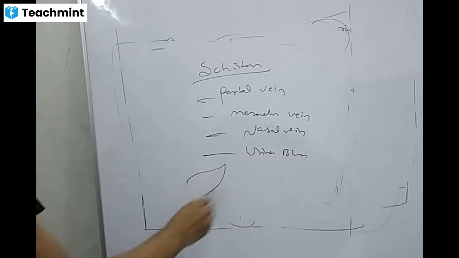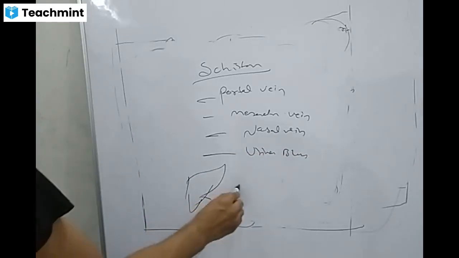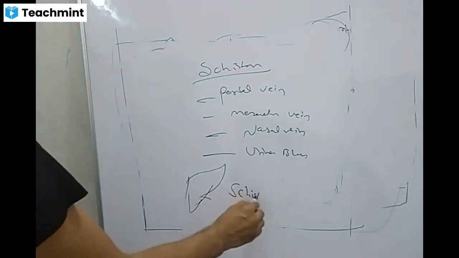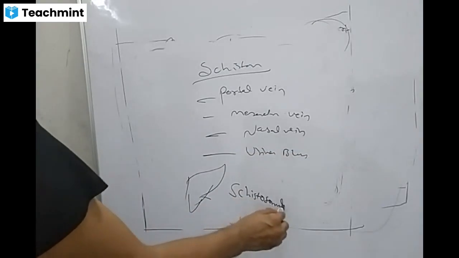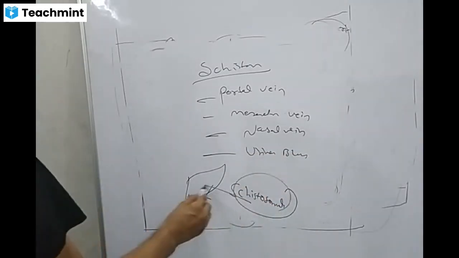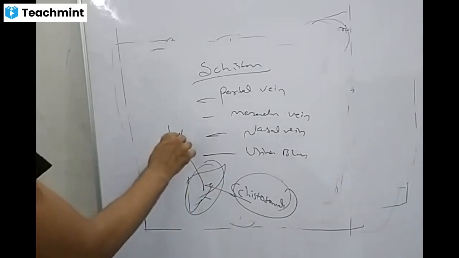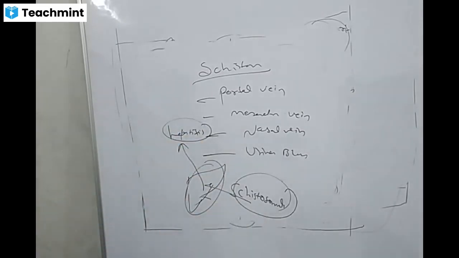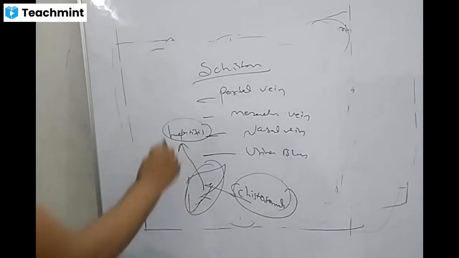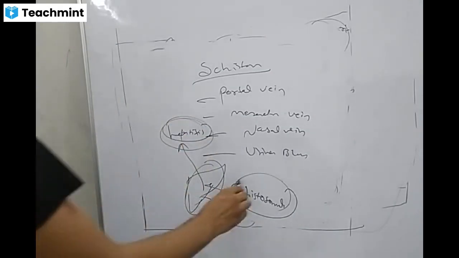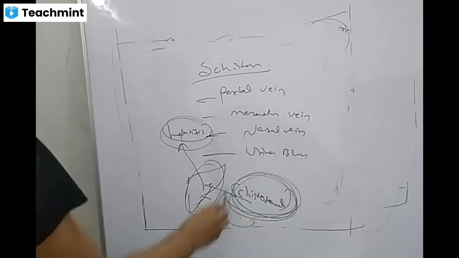So if it enters the liver, which phase will enter? Obviously schistosomula. And schistosomula may cause damage, that may lead to hepatitis. But there is no chronic stage in case of these schistosomes. Mostly the acute stage is there, and that is because of the schistosomula.